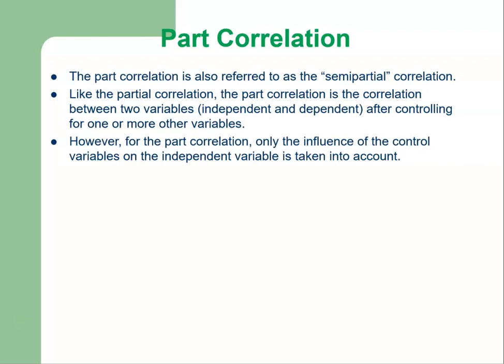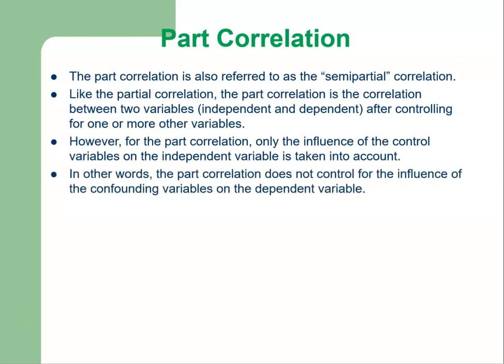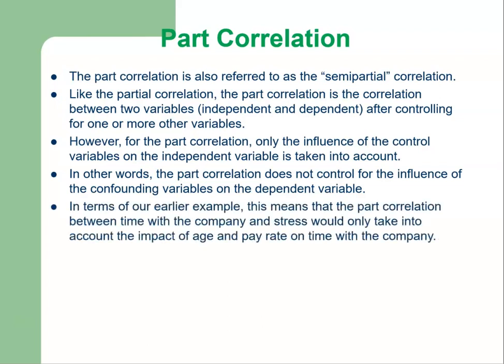So it means here we control for the effects of other variables on the independent variable. In other words, the part correlation does not control for the influence of the confounding variables on the dependent variable. In terms of our earlier example, this would mean that the part correlation between time with the company and stress would only take into account the impact of age and salary on time with the company rather than the stress.